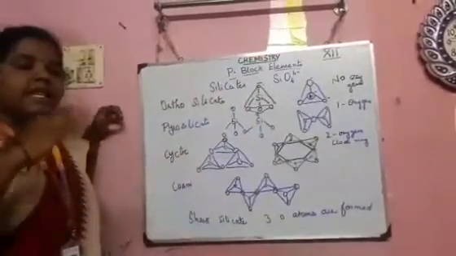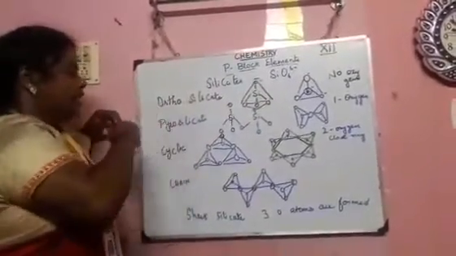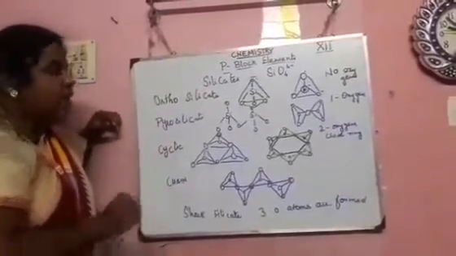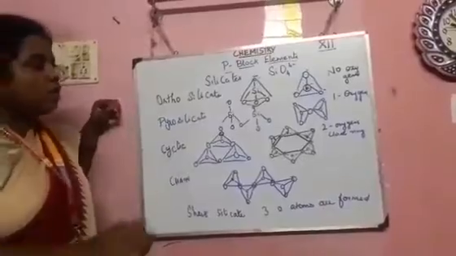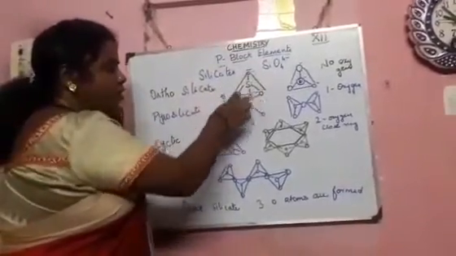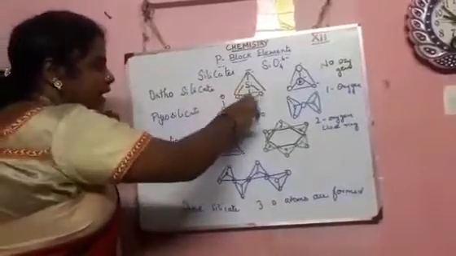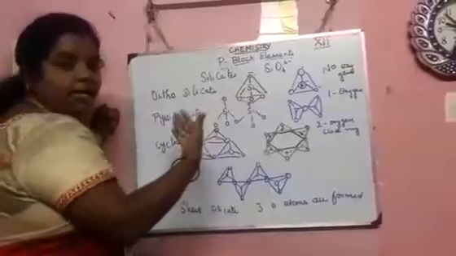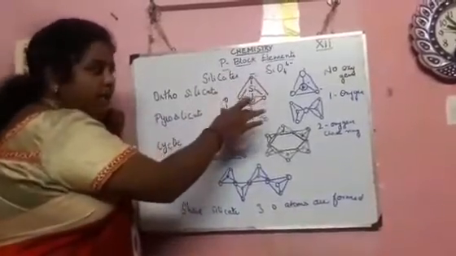Okay. Let's see the types of silicates: Ortho Silicates, Pyro Silicates, Cyclic Silicates, Chain Silicates, Sheet Silicates. First see the Ortho Silicates. So I told that it is SiO4. Four oxygens will be there. The first, second, third oxygen are in the same plane, and the fourth one will be behind it. So it should be like a 3D imagination.